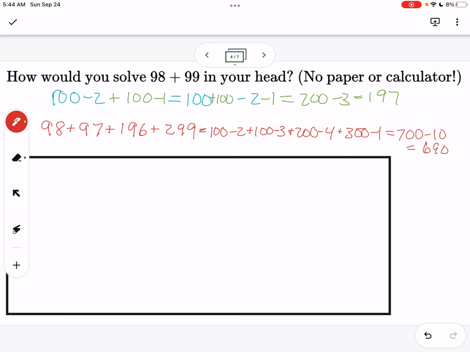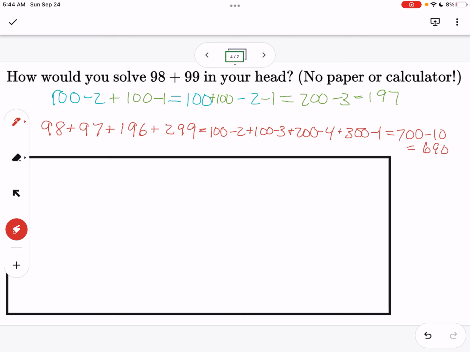Well, this was possible only because I was able to switch these two numbers. I could switch the minus 2 and the plus 100. Right over here, I start with 100 and I end by subtracting 1, but I switch this blue minus 2 and the green plus 100. Those two numbers move, they switch places, they commute.